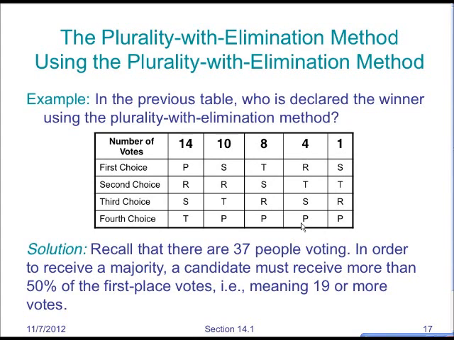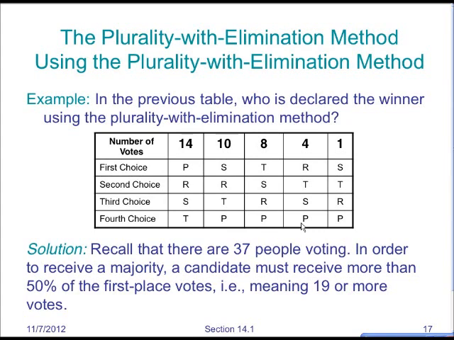Half of 37, so we divide that by 2, is 18.5. And we can't have half a vote, so what we need is 19 votes. 19 is more than half. So anybody with 19 first place votes would be the winner. So that's the magic number here, 19. We've got to remember that.